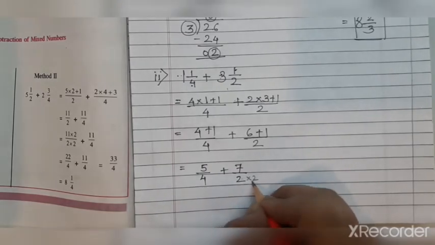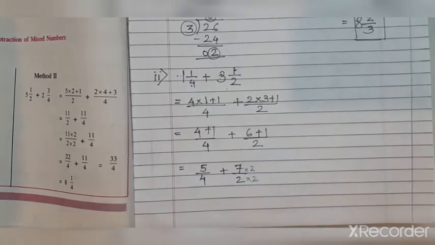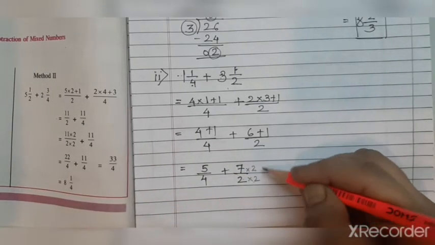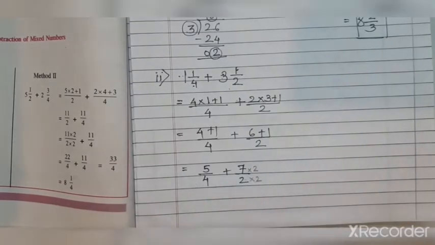If we are multiplying by 2 in the denominator, the same operation we have to do in the numerator of that particular fraction, of only that fraction. Don't try to do it on the other fraction. The other fraction will remain as it is. So this particular step is just to make the denominators same. By using the tables we can do it.